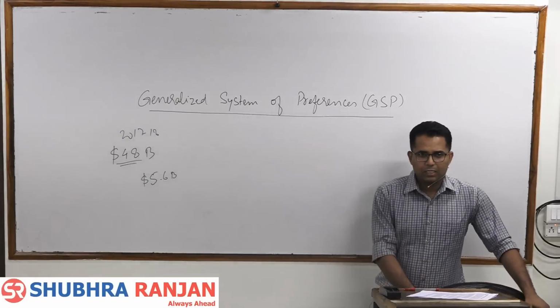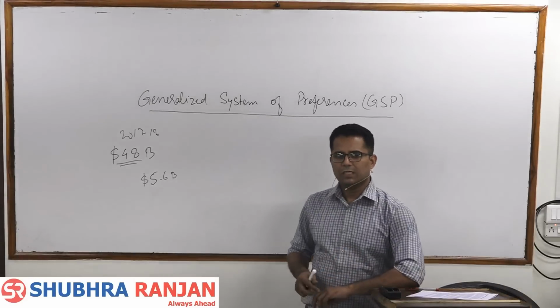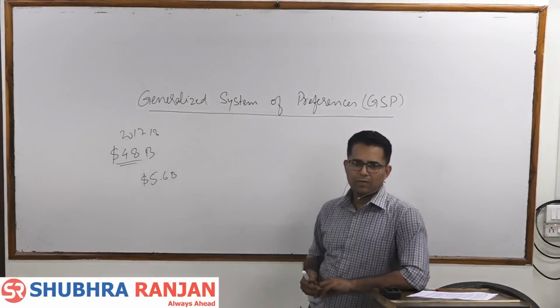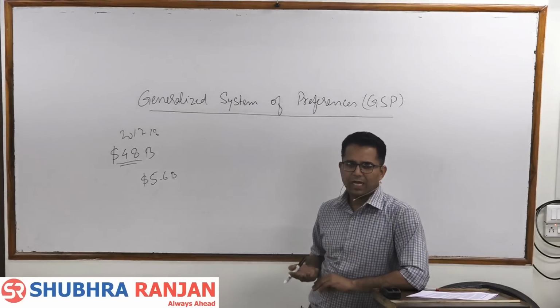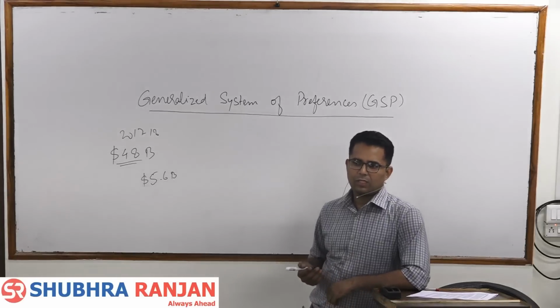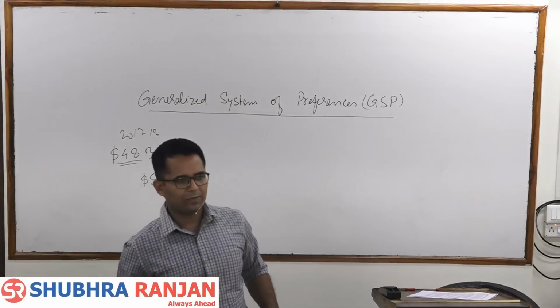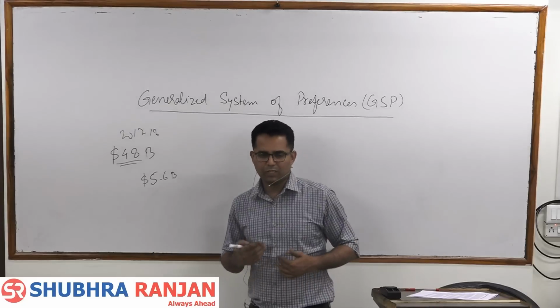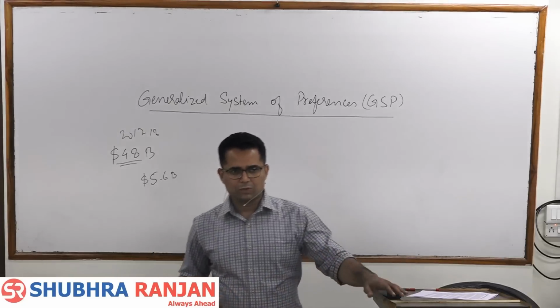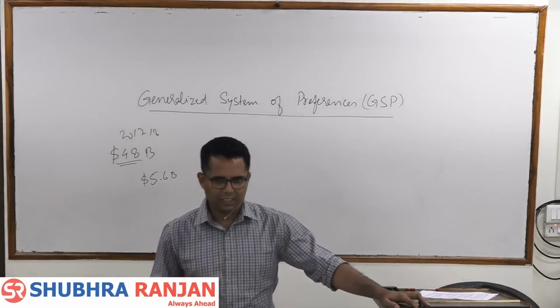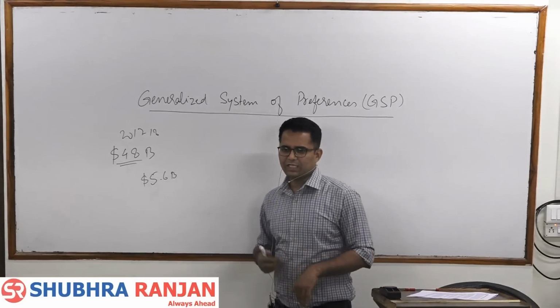Now, the eligibility criteria for GSP: any member country can have its own criteria. When the US offers GSP benefits to developing and least developed countries, it has two categories of criteria: one is mandatory and the other is discretionary.